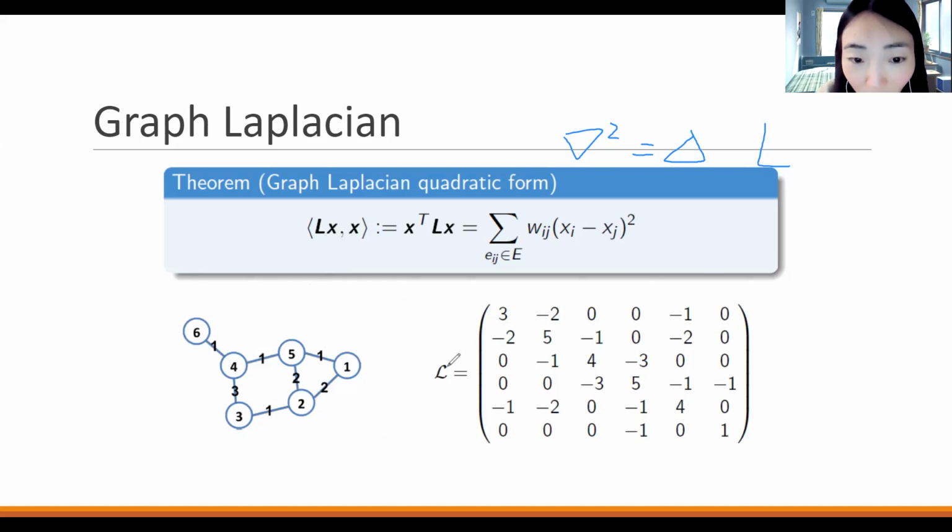So here L, the discrete Laplace operator, is always going to be of dimension V cross V, the number of nodes by the number of nodes. So we'll have a 6 by 6 matrix here. And the way you assemble this is that the diagonal is going to be the degree of the node.